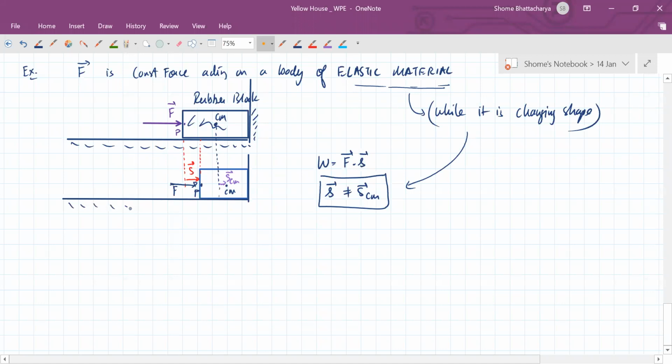So we will encounter situations like this in a chapter called elasticity and properties of matter at a later stage, when we discuss elasticity and properties of matter. In that we will encounter these kind of situations.